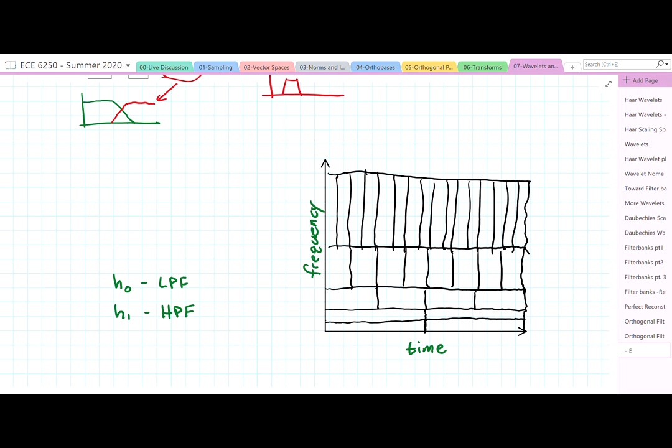Our ears are very good at frequency resolution at low frequencies, but not very good with time resolution at low frequencies. But we're very good at time resolution at high frequencies and not very good at frequency resolution. Hence, the piano scale doubles in frequency every time you go up an octave. It's not a linear scale, it's exponential. So this is the time frequency tiling of the wavelet transform.